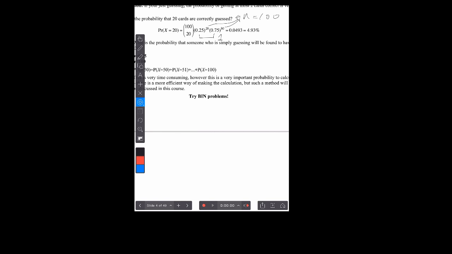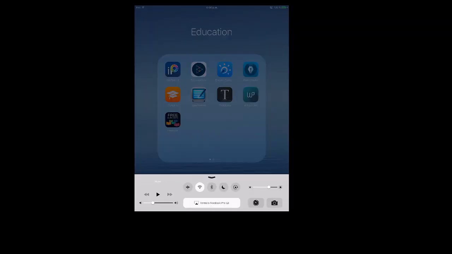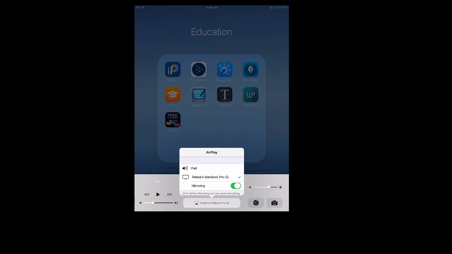So I want to calculate this with the calculator. Oh, now my calculator isn't working.